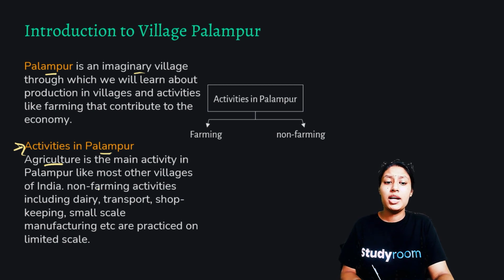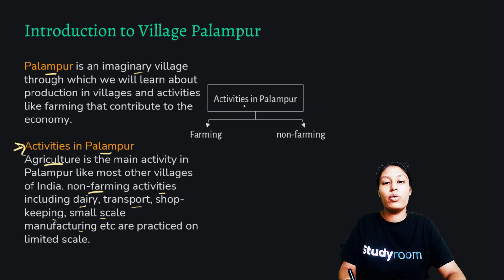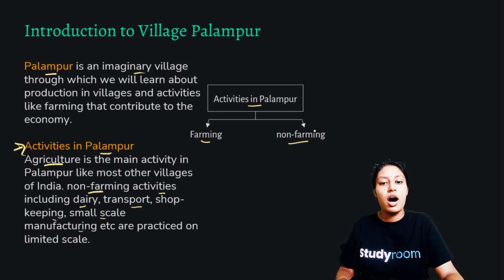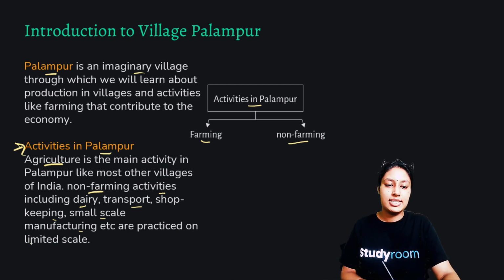There are other activities we refer to as non-farming activities, which include dairy, transport, shopkeeping, or small scale manufacturing, etc. So basically, there are two categories of activities followed in Palampur. One is the farming activity and the other is non-farming activity. Farming activity includes all the agricultural based activities, and non-farming activity includes all the activities other than farming.